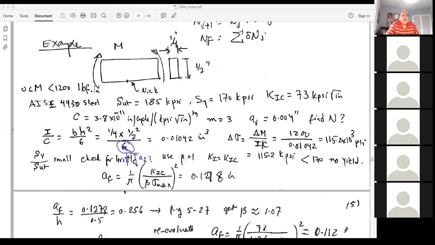and find the final crack size to be, like we assume K1C is equal to beta sigma max times the square root of pi a.